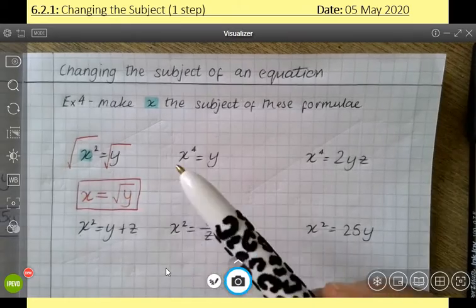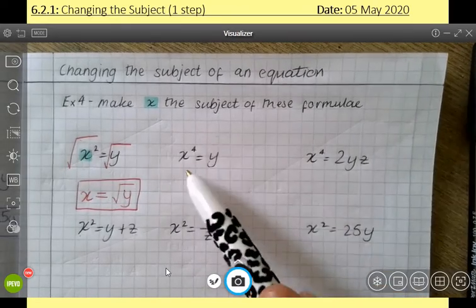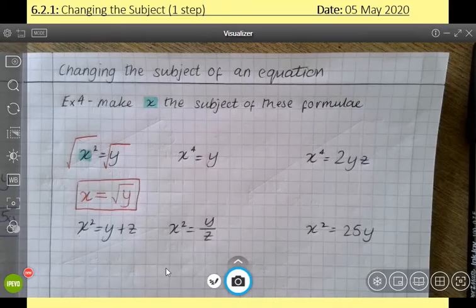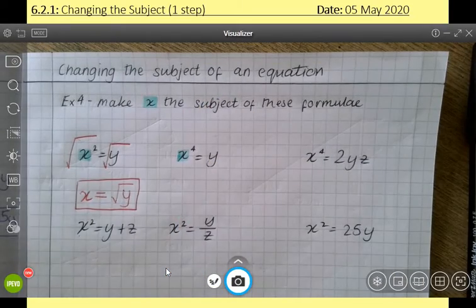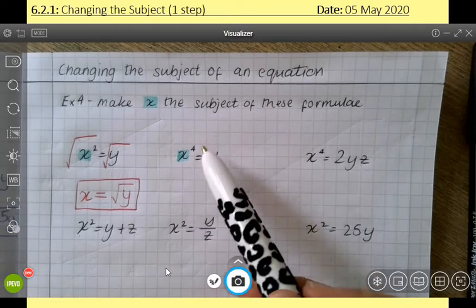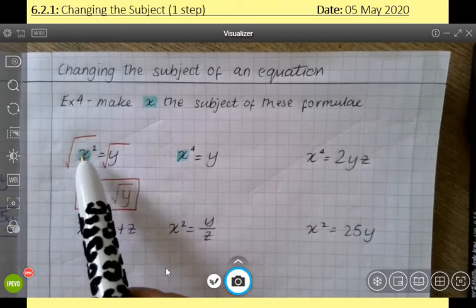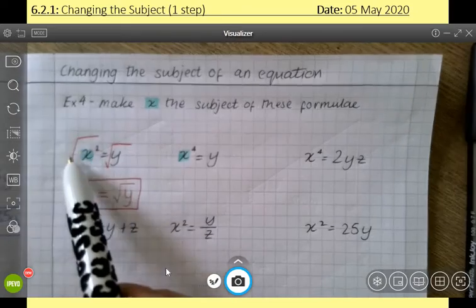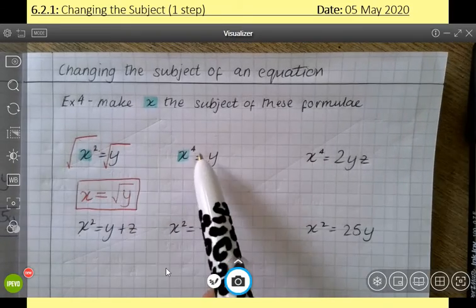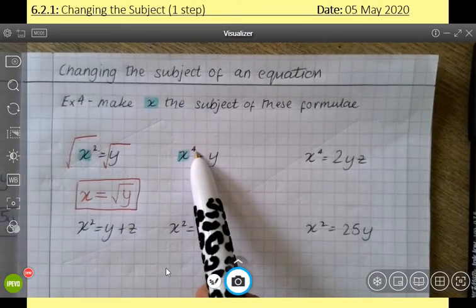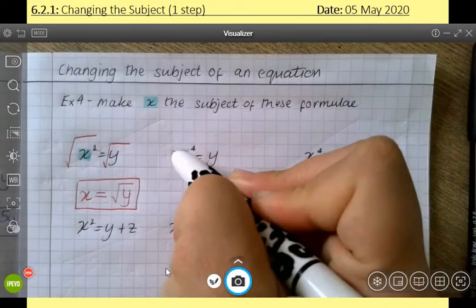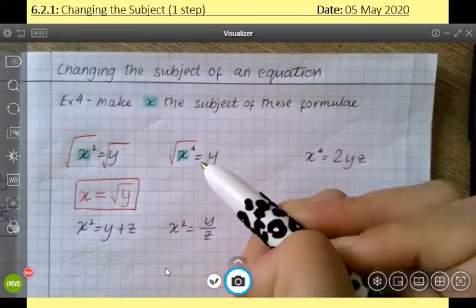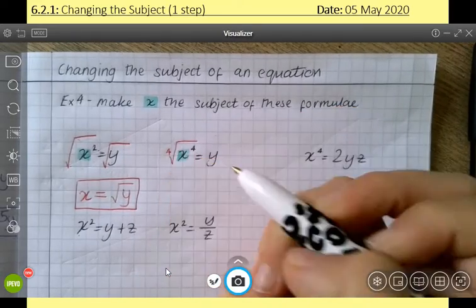Okay? So in the next one, we have x to the power of 4 equals y, and we want to make x the subject. We just want x to be the subject, nothing else. When we had x squared, we had to do the square root. Now when we have x to the power of 4, we have to do something called the fourth root. The fourth root looks like this. It's exactly the same as a square root, except we have a little 4 here.